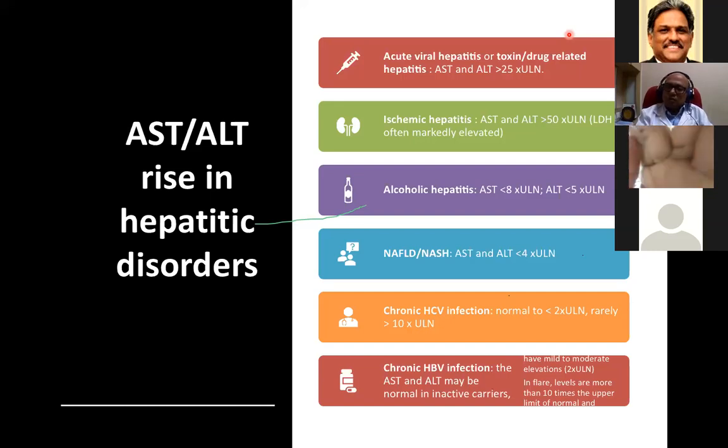Then the changes happen in hepatitis B. The asymptomatic, incidentally detected hepatitis B will have a completely normal liver function. And then there are some people who may have mildly elevated ALT of more than 40 to 80. And then there are people who develop what is called a flare, in which the ALT/AST levels just shoot up and they develop jaundice.